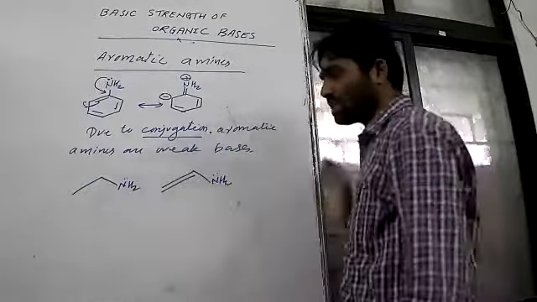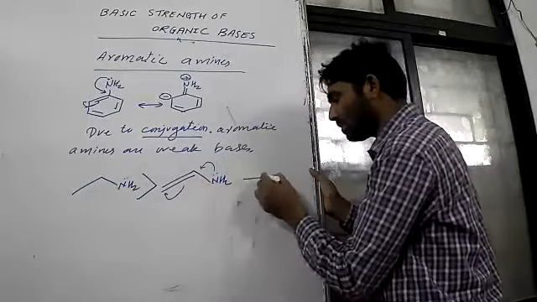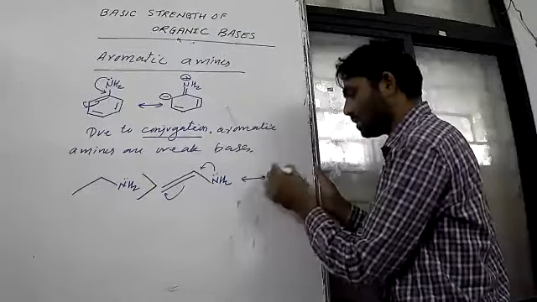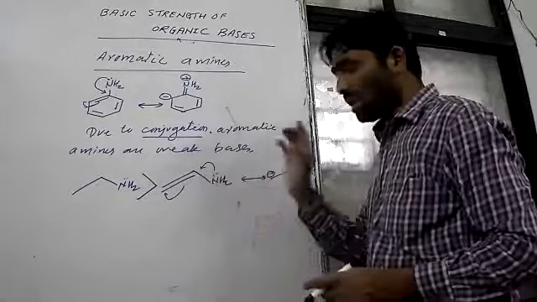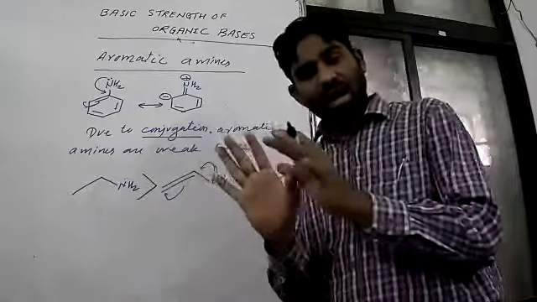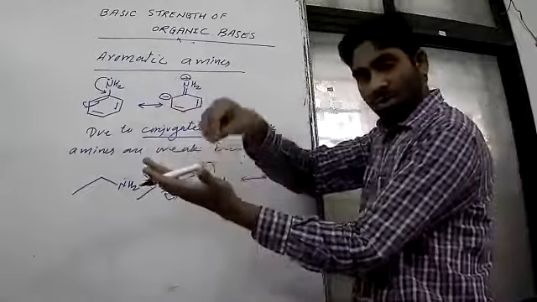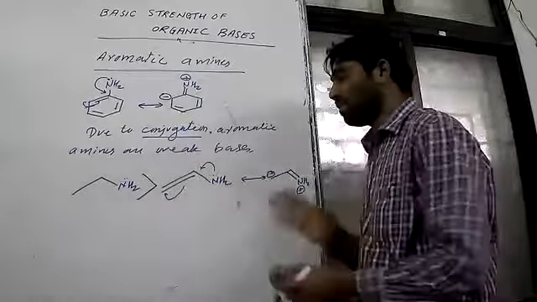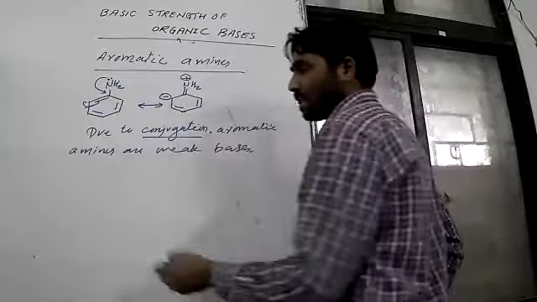This one will be more basic, because there is conjugation here. The lone pair will be involved and you will get a structure like this, meaning the lone pair of nitrogen is not 100% available, while in the other case it is 100% available. So have a very clear approach: if nitrogen has its lone pair on its own 100%, with no conjugation, it is a strong base.